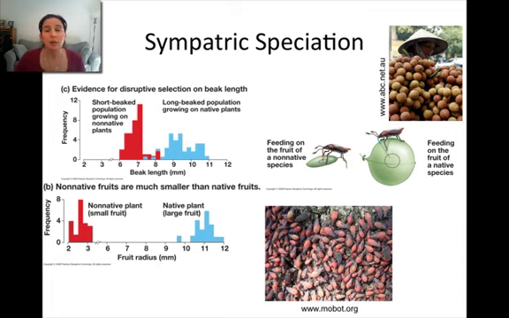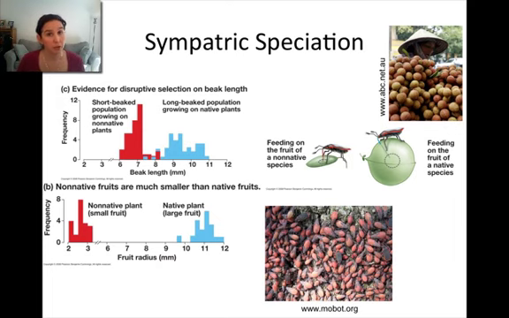They are perfectly capable of flying once they're adults from tree to tree and utilizing a variety of different food resources, but they're not really doing that because the shorter-beaked beetles can't really eat the seeds in the fruits of the native soapberry tree anymore.